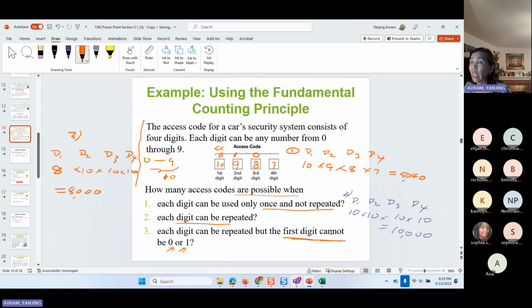If I change this and say the fourth digit must start with 0 or 1, now there would be only 2 choices, right? But this one says cannot be 0 or 1, so you can still have 2 to 9. So you still have 8 choices in here. Okay. Any questions?